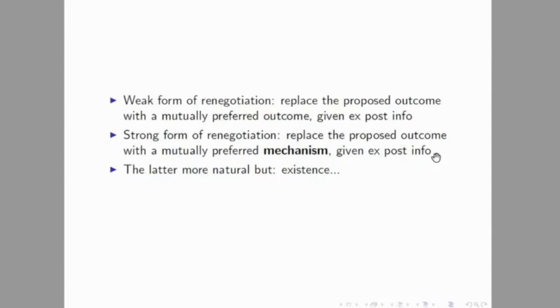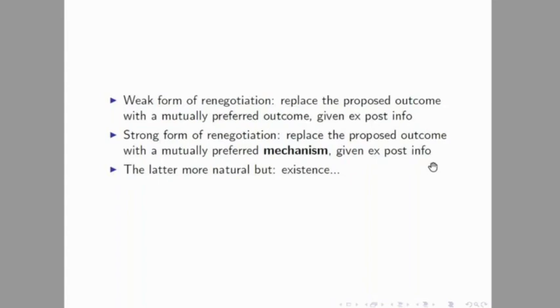Like Dewatripont, we may want what might be a very simple way to renegotiate: rather than implement the outcome that was generated by the mechanism, we simply choose another outcome, if that is more beneficial, given the ex post information, than the outcome suggested by the original mechanism.